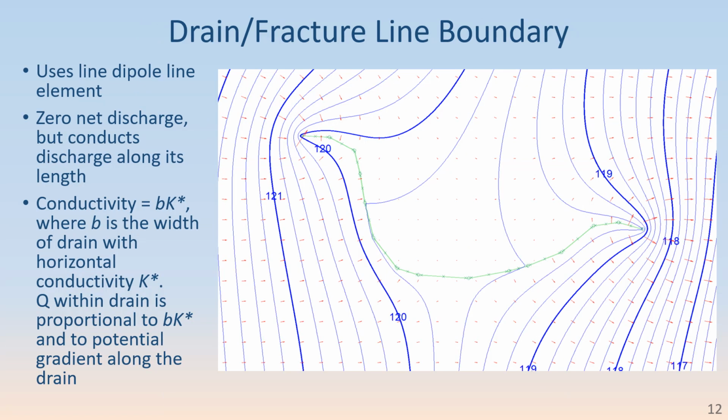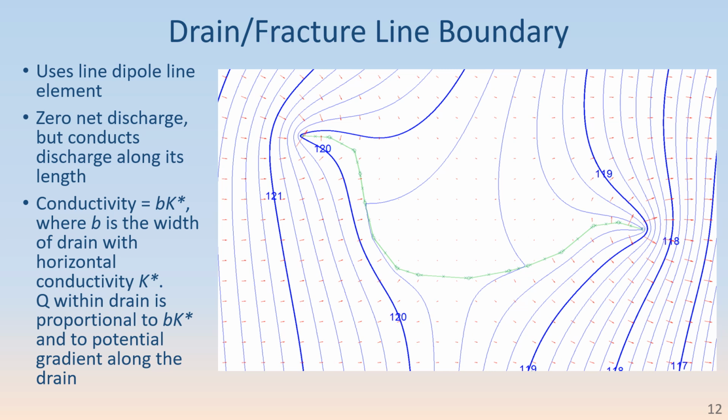Here's a model with a drain/fracture line boundary. And this kind of line boundary is internal, and it makes use of a line dipole element, which will be explained in the next slide. There's zero net discharge, but what it does, it conducts discharge along its length.